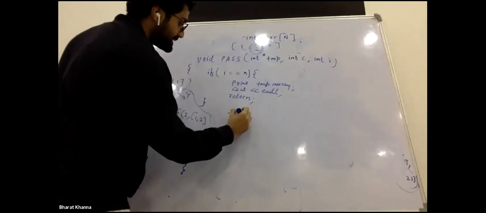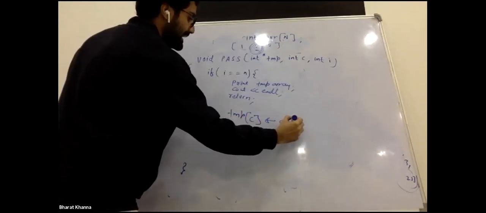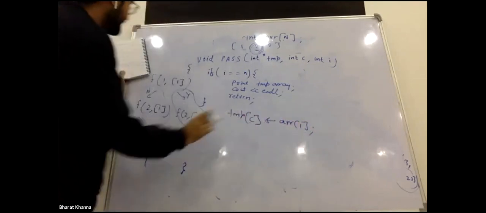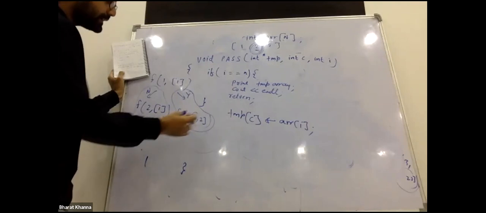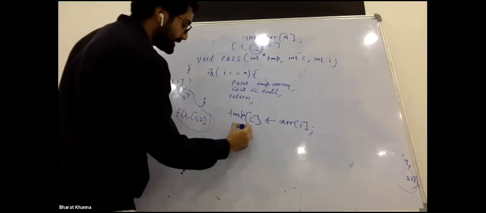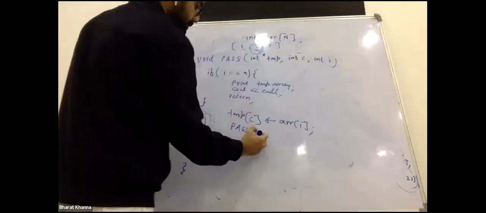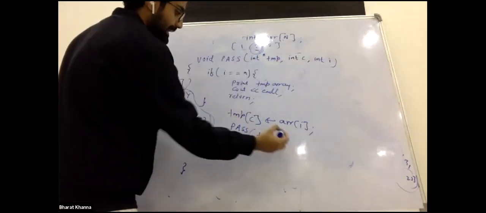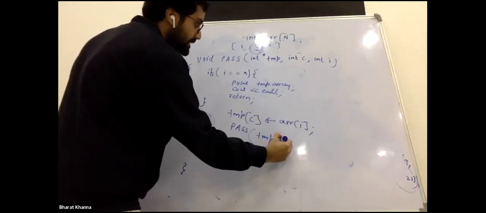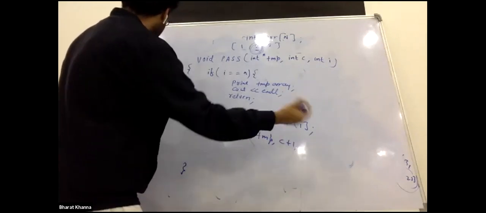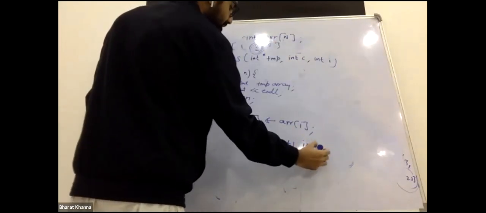So temp of C is equal to array of I. So the ith element gets inserted over here, and then I need to call the same function, passing this temp and declaring that the size has grown by 1 because I have just included an element. So the size will be C plus 1, and then I move on to the next element in the input array, which is I plus 1.